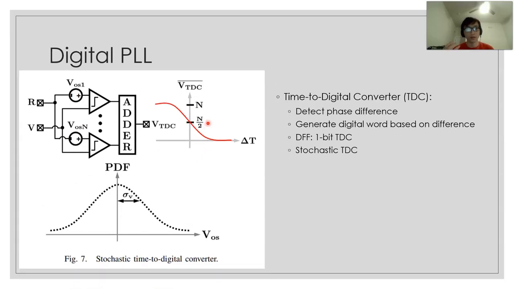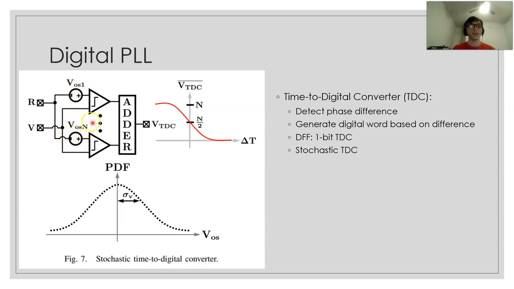However, there's another stochastic TDC that I found quite impressive. This one generates a probability of which one is faster. Let me introduce these circles here.